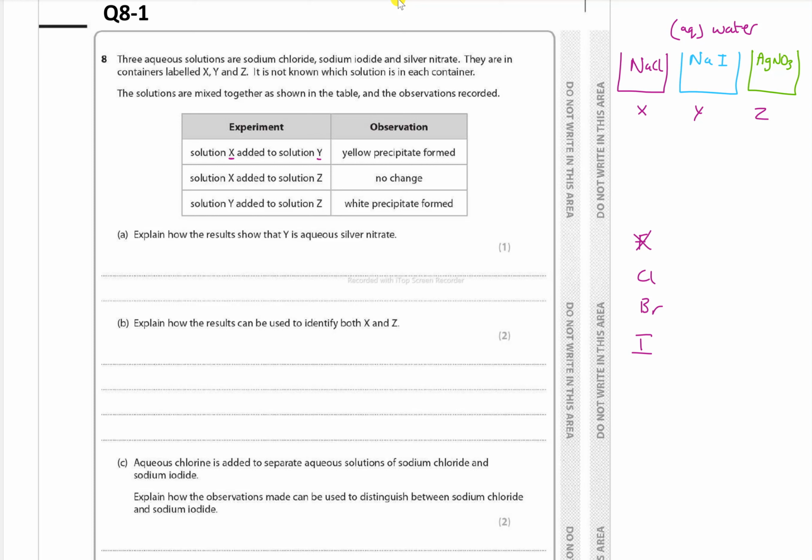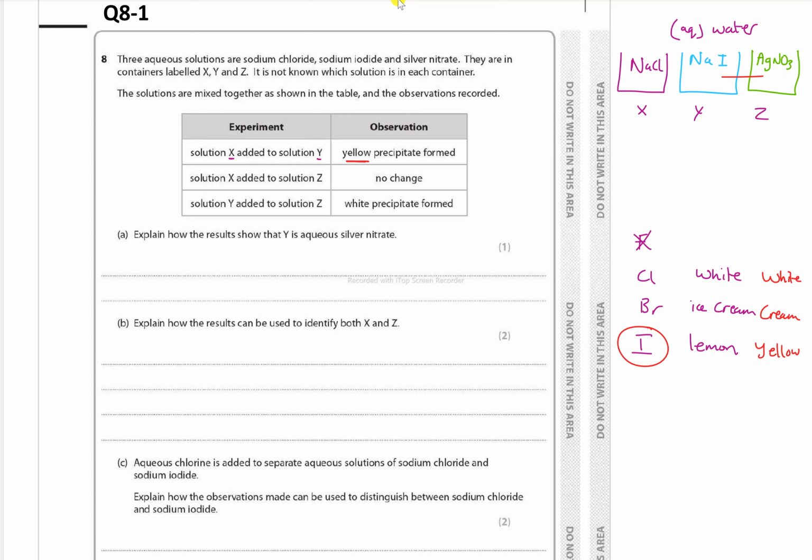And when you mix these with silver nitrate, you end up with a white precipitate, a cream precipitate, and a yellow precipitate. We've got a yellow precipitate, so we know it's going to be iodide.